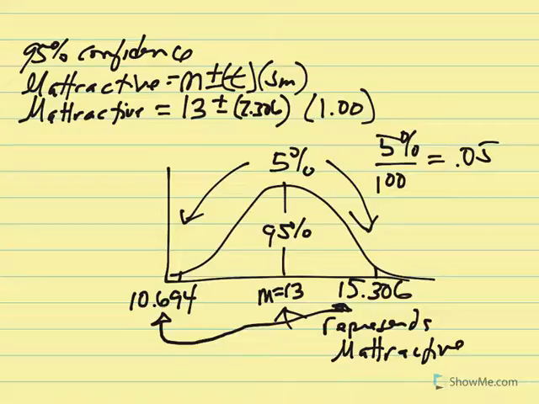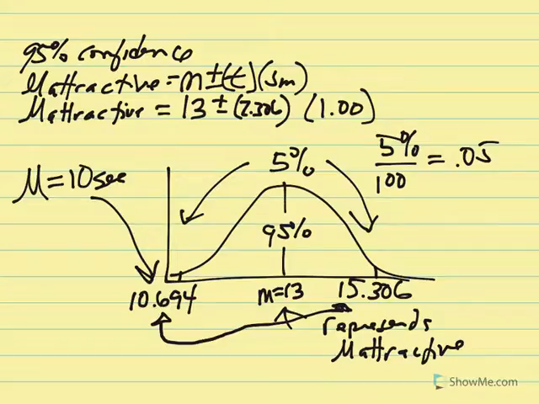And again, something to note, the mu coming from the null was set at 10 seconds. So it's important to recognize that the range does not include the null. Again, the null would be slightly over here, right? This is 10.694, and 10 would be to the left of that.